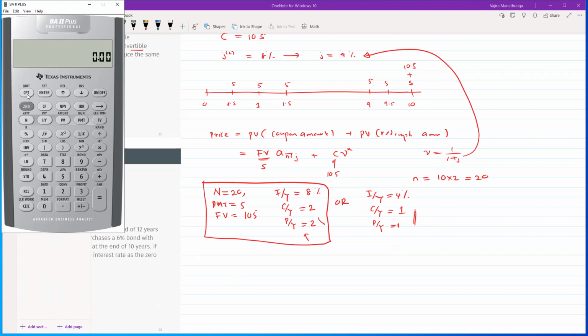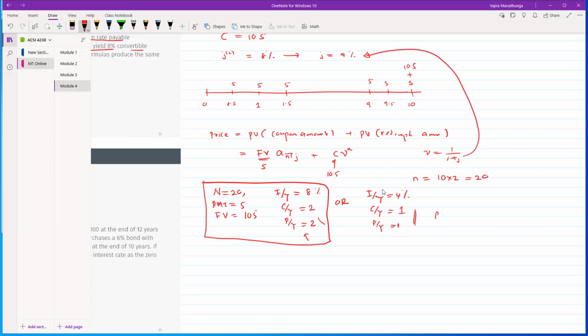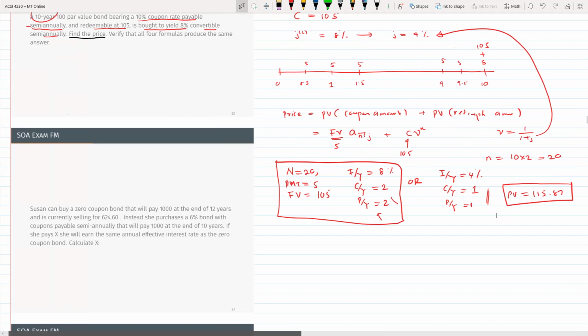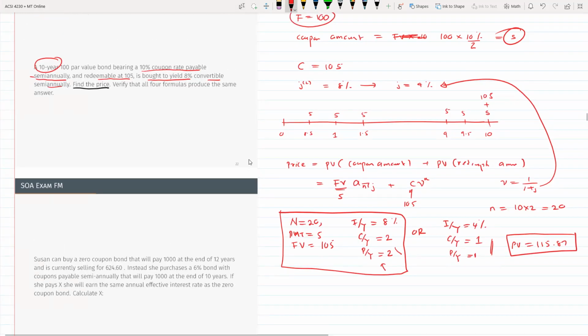Then payment amount 5, future value 105, and we are calculating for present value. So I compute the present value, and I get 115.87. So the present value is 115.87. That's basically the price of the bond. So that's how you do that problem. You can try the other three formulas. We used the basic price formula. You can try the other formulas and you should get the same answer.